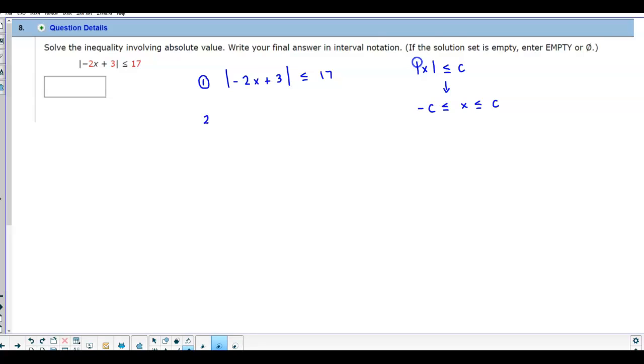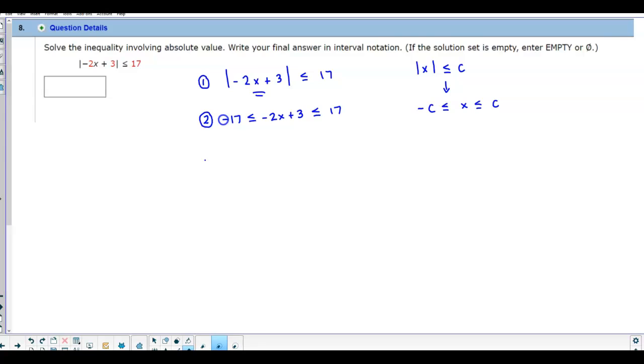So for example 2, we're going to do the same thing. So we have negative 17 here, less than or equal to the expression, which is negative 2x plus 3, which is less than or equal to positive 17.